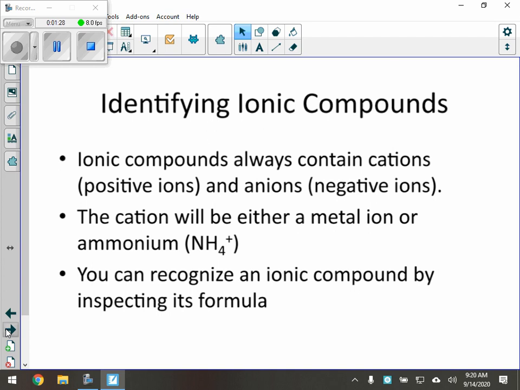Okay. So cations, of course, we know as positive ions, usually a metal, obviously, or this ammonium one, NH4+, that's in the top left there, polyatomic ion.